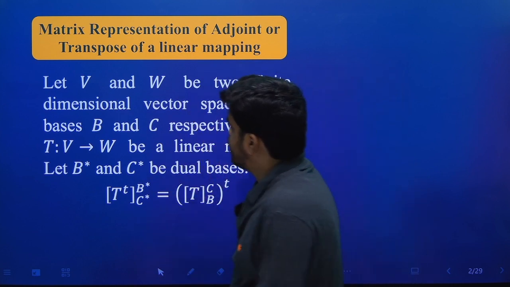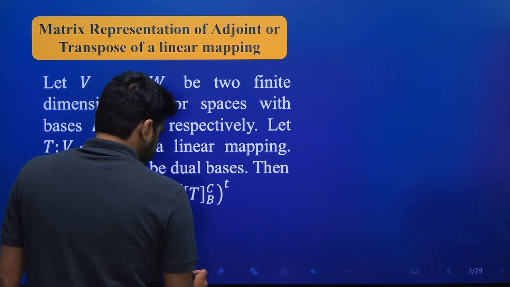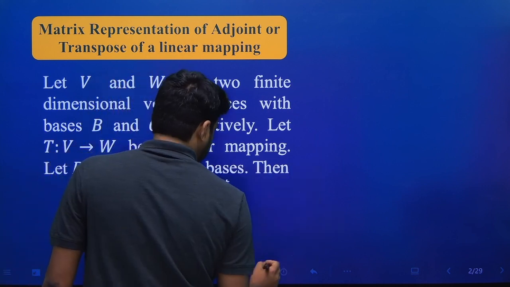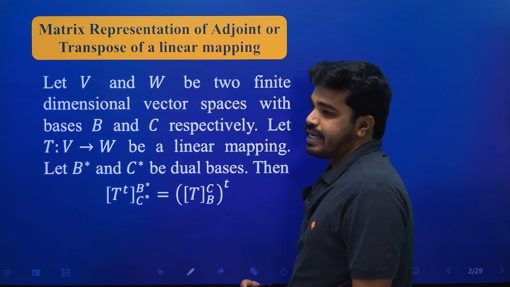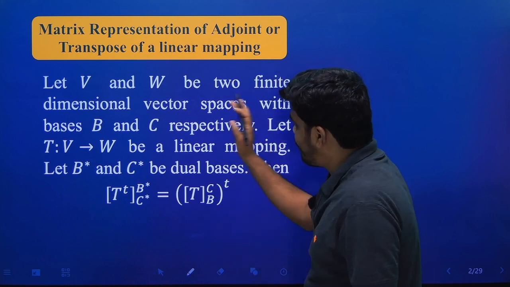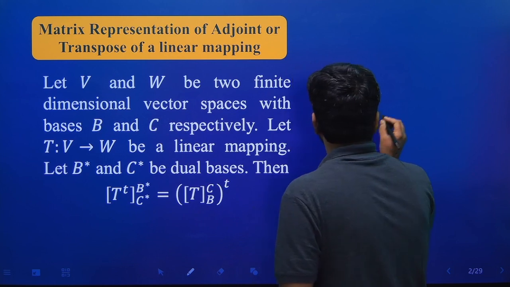Let V and W be two vector spaces of finite dimension, with bases B and C. What is given here?